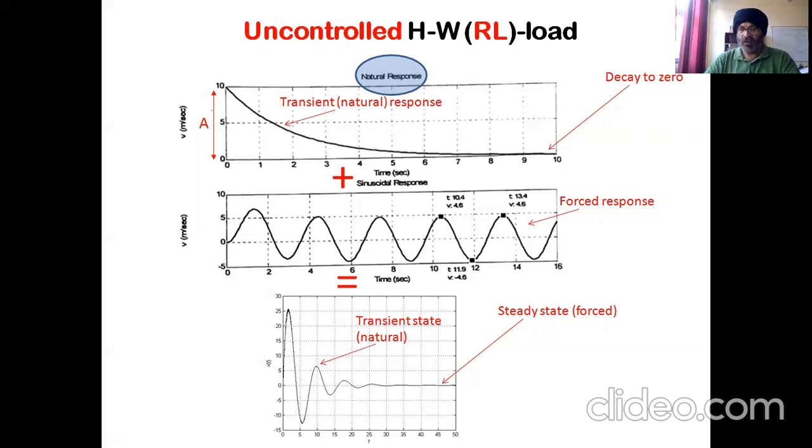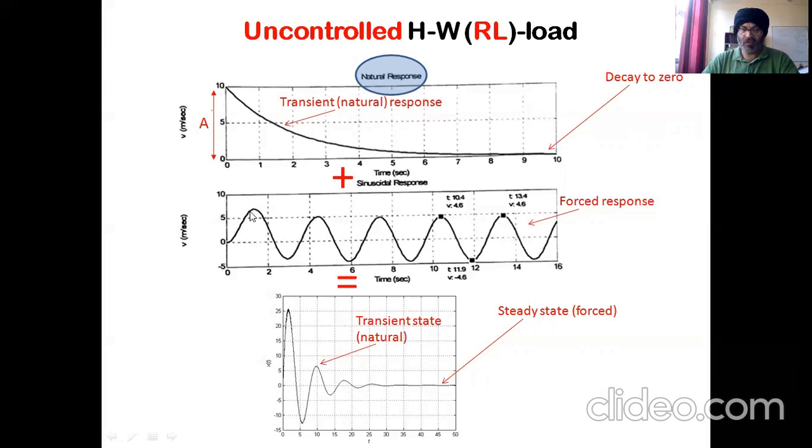At the output only one half of the wave is shown, otherwise the other half is clipped. So we are stimulating or exciting this circuit with a sinusoidal input; this is a forced external excitation. When we superimpose these two, we get this type of behavior.